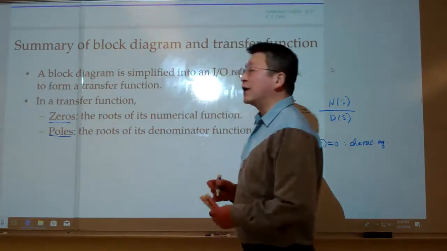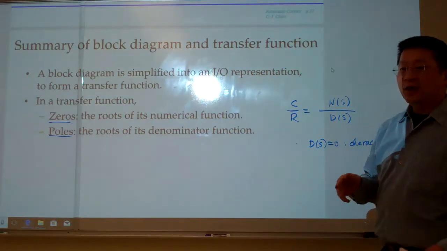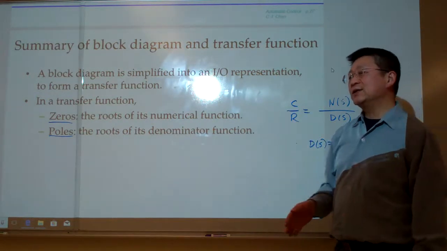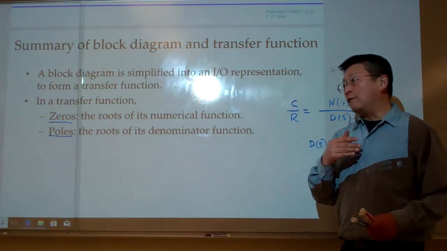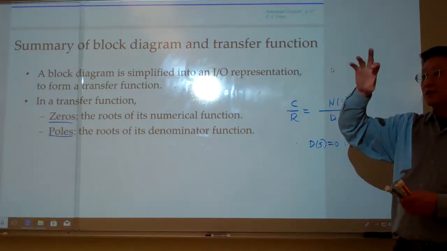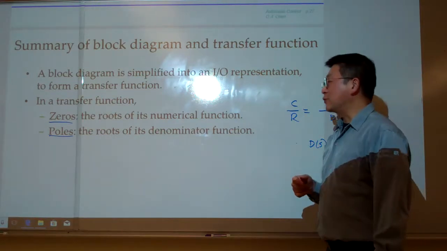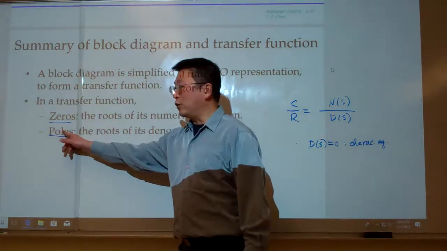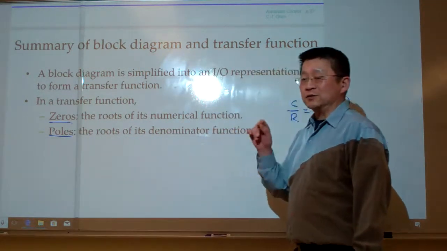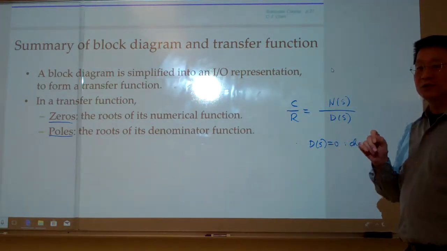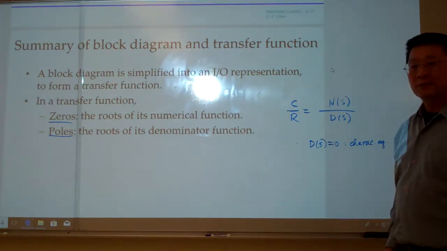The system dynamics, how quickly it is going to oscillate and how large the magnitude of the oscillation will be, really depends on the poles. The poles are the sole information to determine the system dynamics.